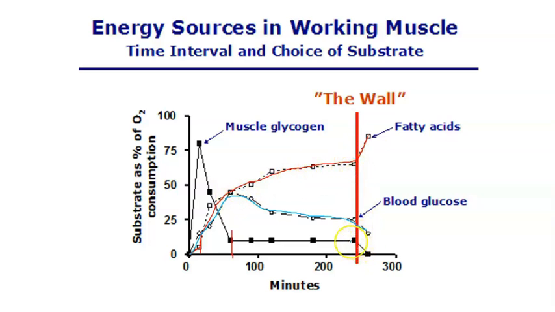We try to regulate the glycogen stores, and you can see this level off. But once those are depleted after a couple of hours, that's often where we say we hit the wall, when our glycogen stores have been depleted completely, and we have to rely completely on our fats for energy.